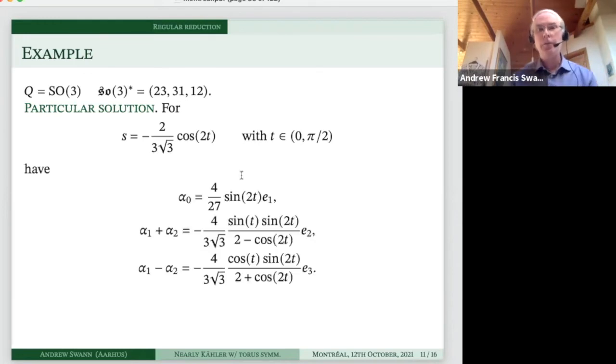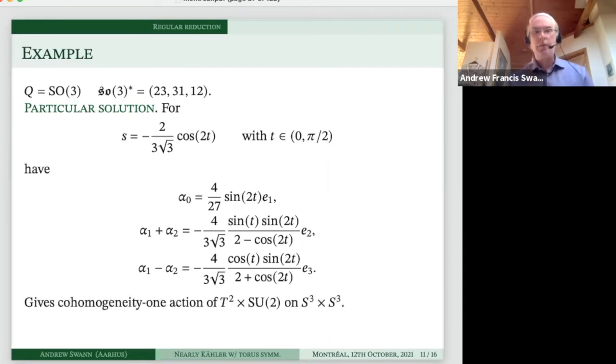And then the form alpha 0 moves as sine of this time. The sum of alpha 1 and alpha 2 and the difference of alpha 2 are the things that give the diagonalization, and they move with these factors here.